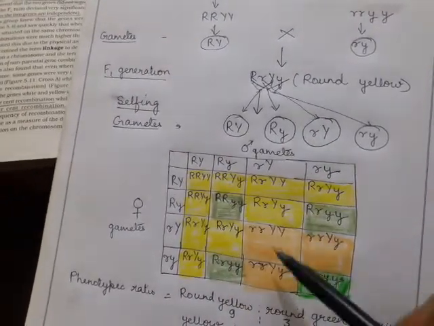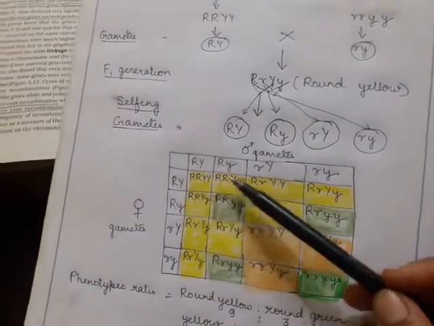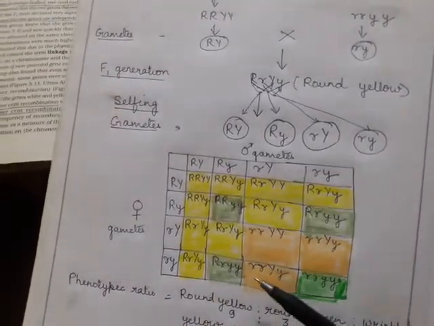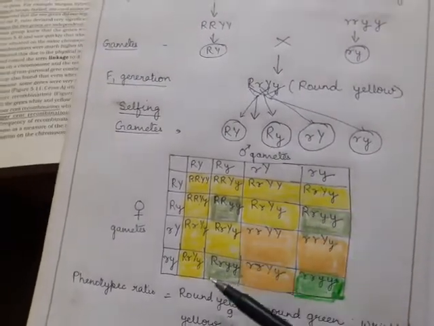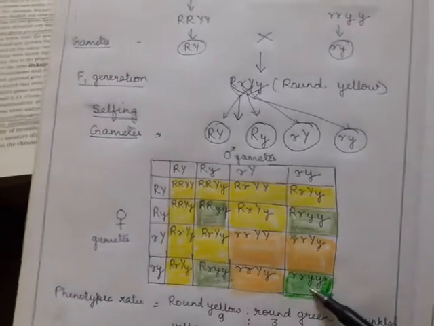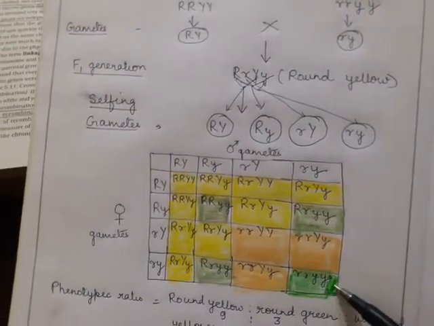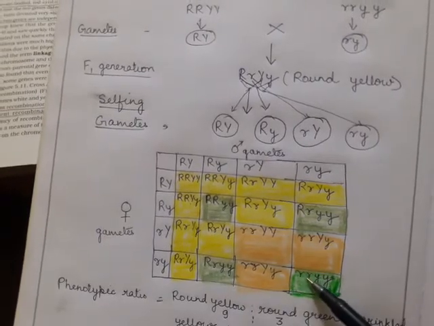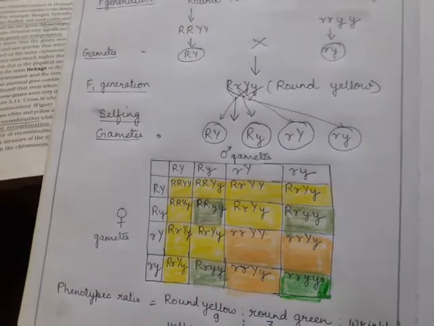As the Punnett square is made, the result is with you. Round and yellow colored seeds are formed, and only one type, wrinkled and green seeds, is formed here.